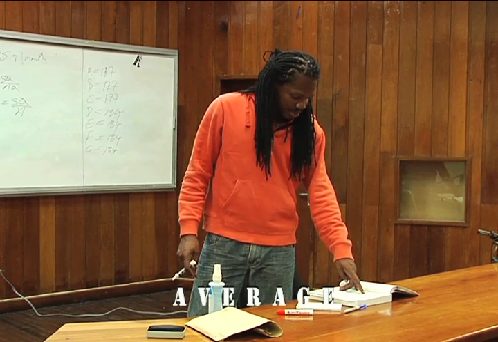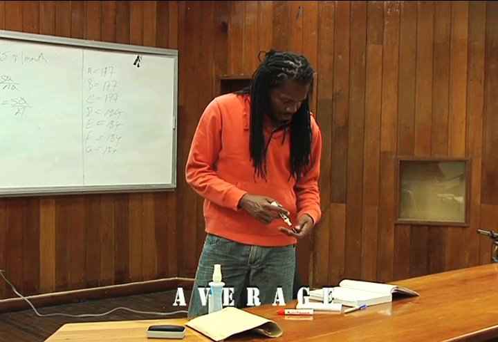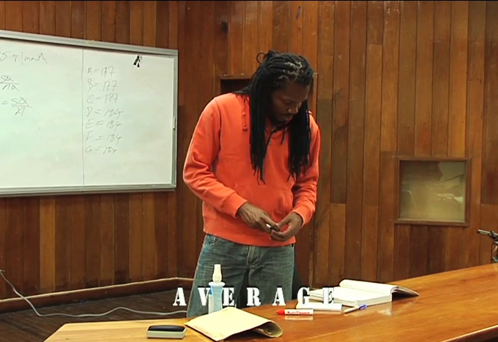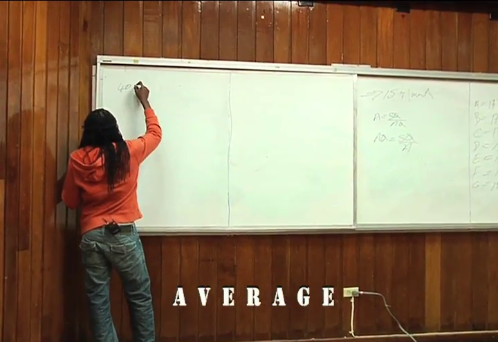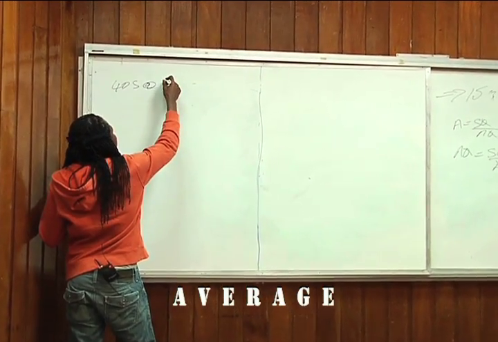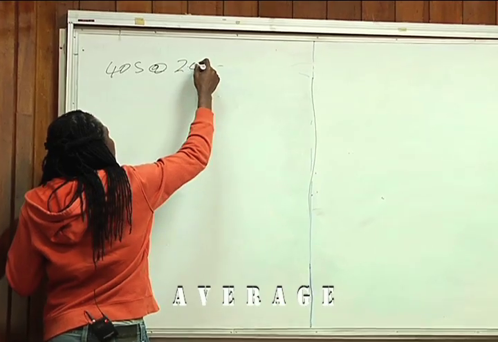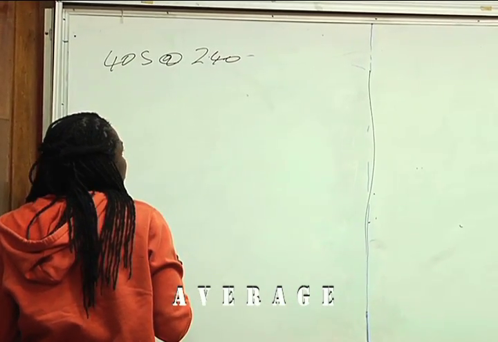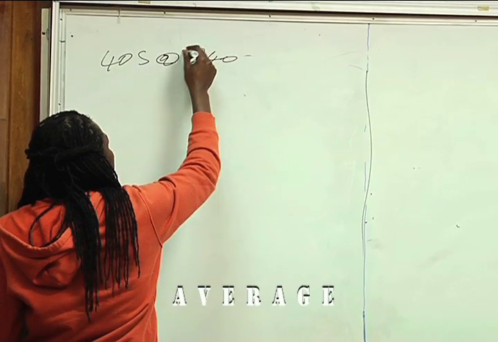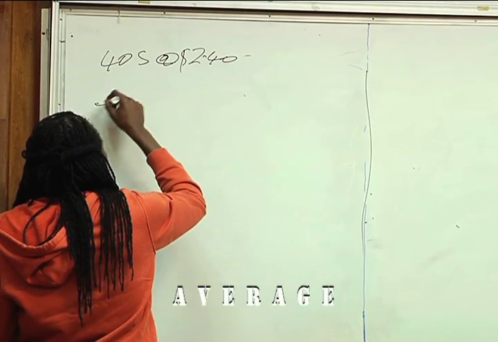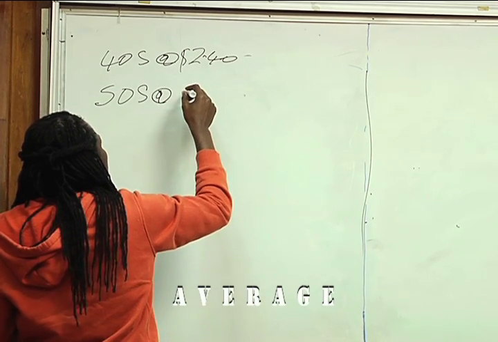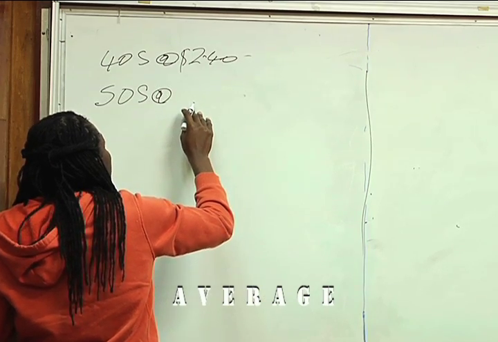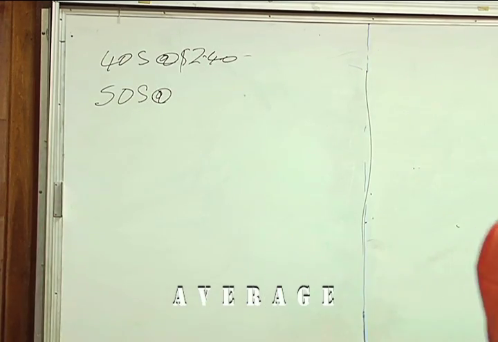All right, so you have 40 tins of soup at $2.40. What else do we have? 50 tins at 90 cents.